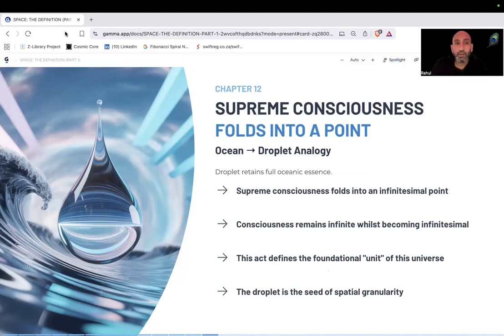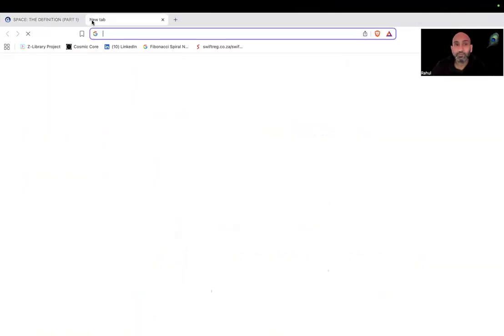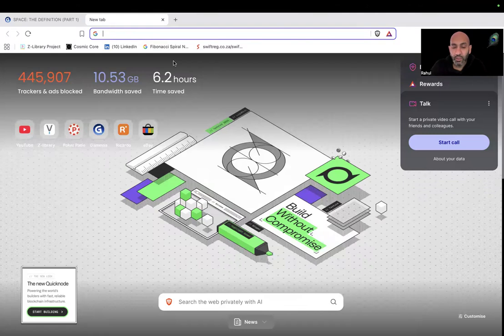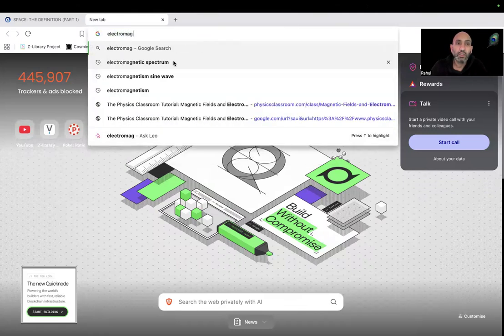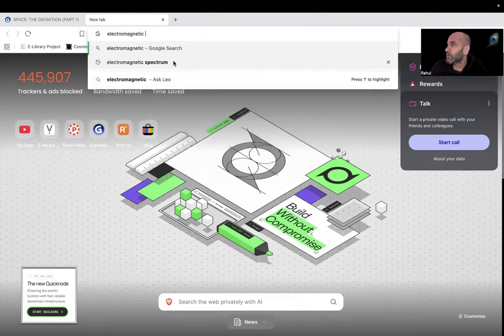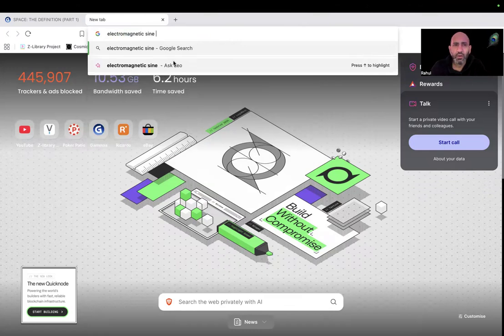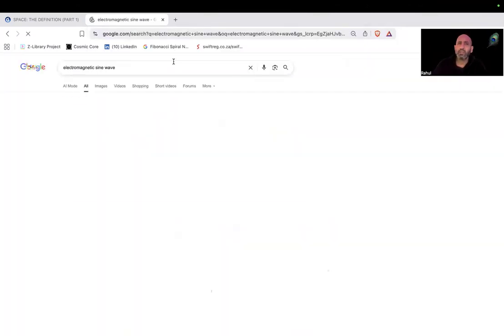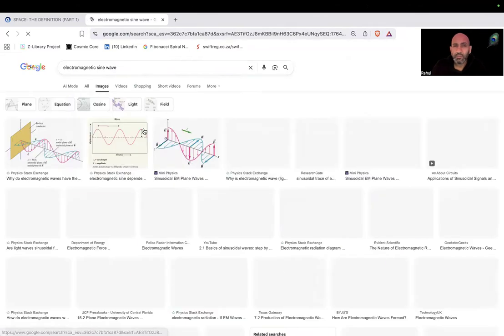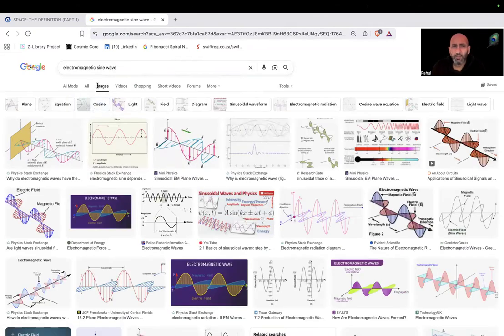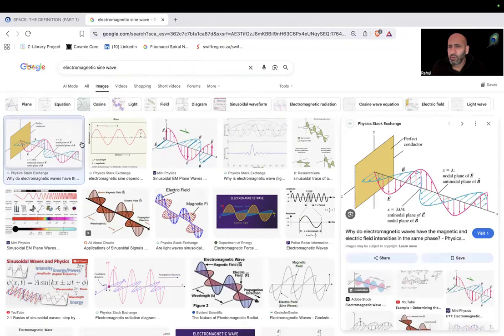So that reminds me, how the electromagnetic sine wave is displayed. By default, it is displayed as both waves propagating in the same direction.